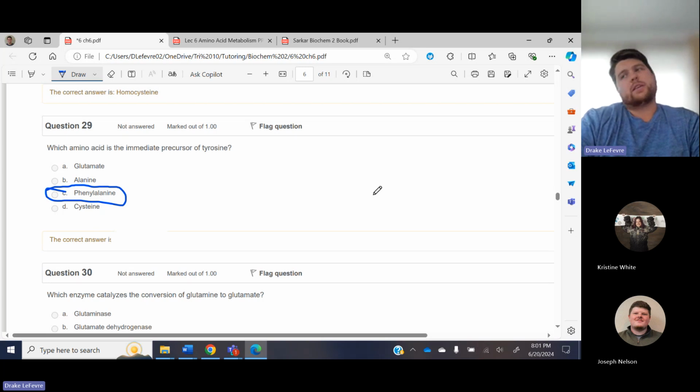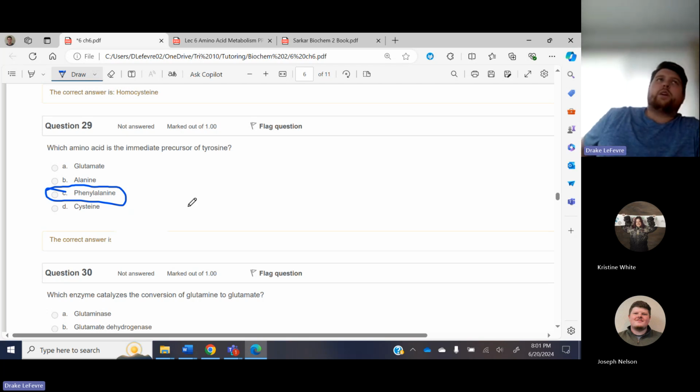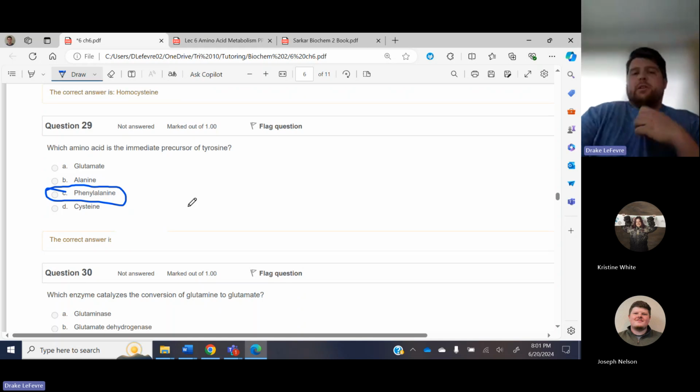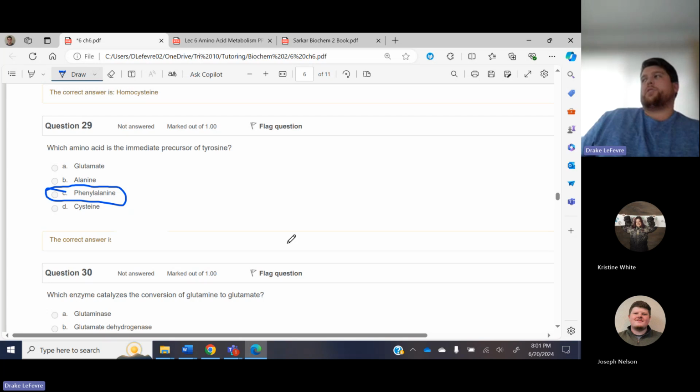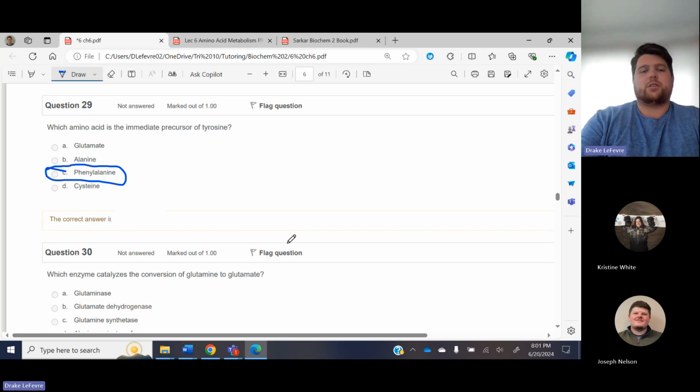That's one of the tricks: things tend to break down or appear similar to what they are. So if it's already a ring structure, it's usually going to turn into another ring structure. If it's a branched chain amino acid, it's more likely to turn into a branched chain amino acid, just because things are easier to change just a little bit than to change a lot.